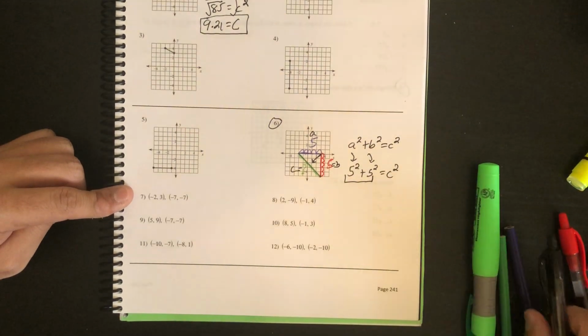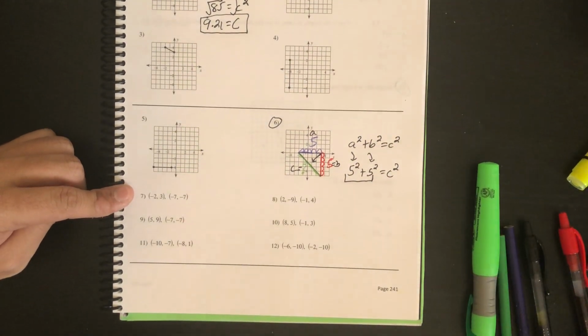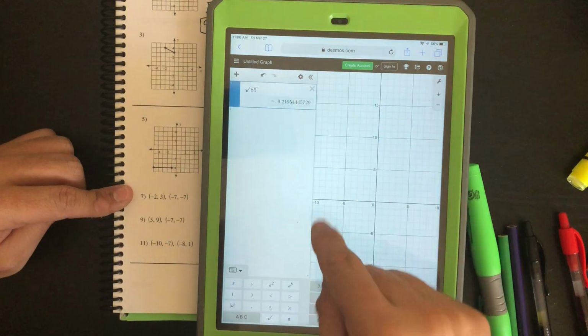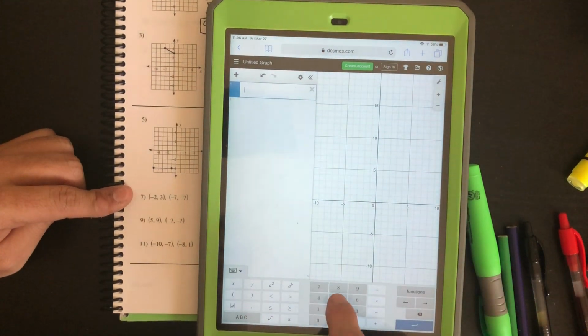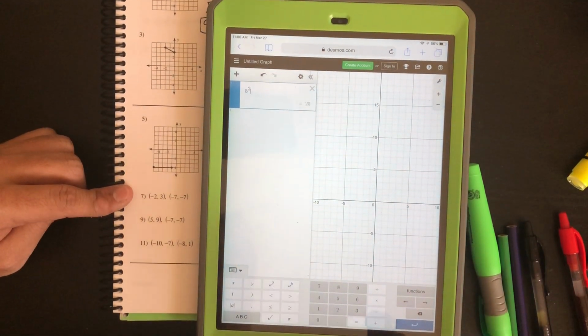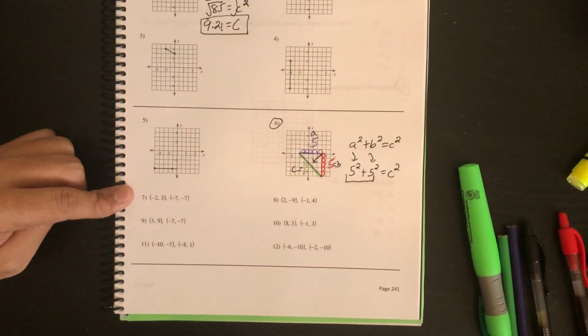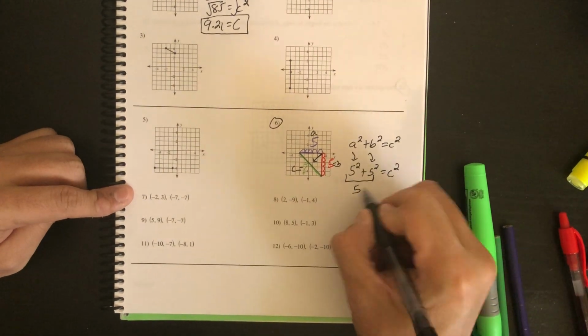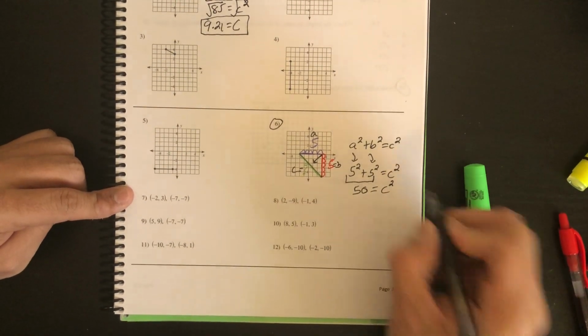Now 5 squared plus 5 squared, if you go back to Desmos, gives you 50. So we have 50 equals C squared.